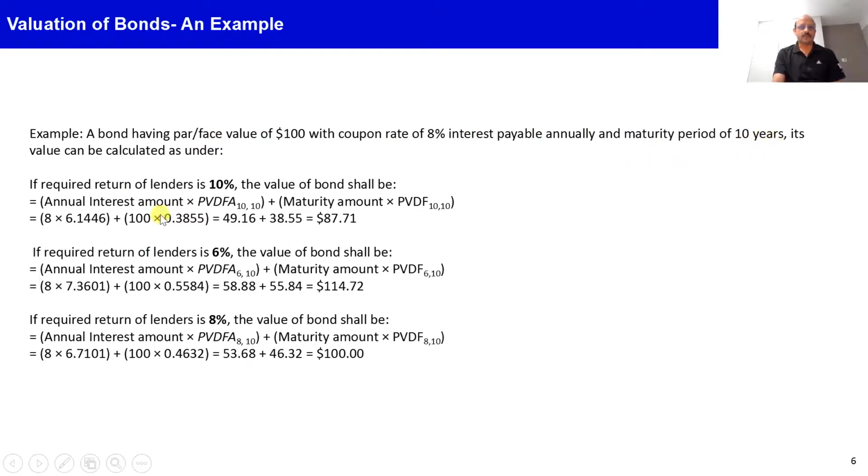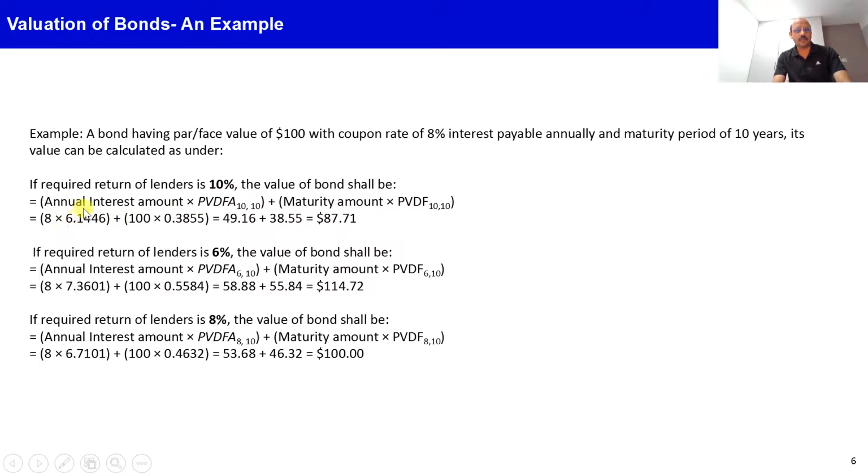So in this case, if the required rate of return of the lenders is, let's say, 10%, which is higher than the coupon rate, the value of the bond will be the annual interest amount, which is $8, 100 times 8% times 6.1446, the PVDFA factor at 10% interest required by the bondholder for 10 years. So that value is 6.1446.